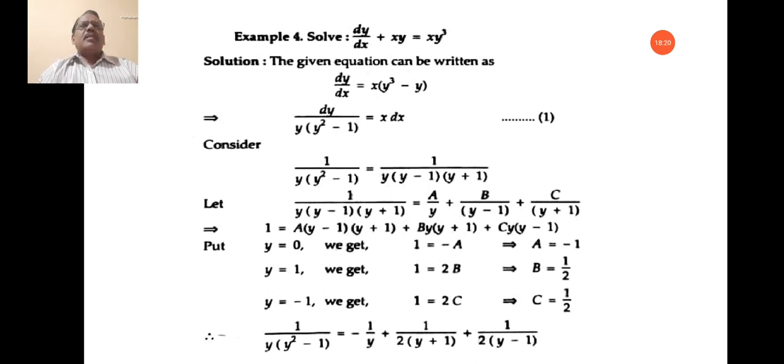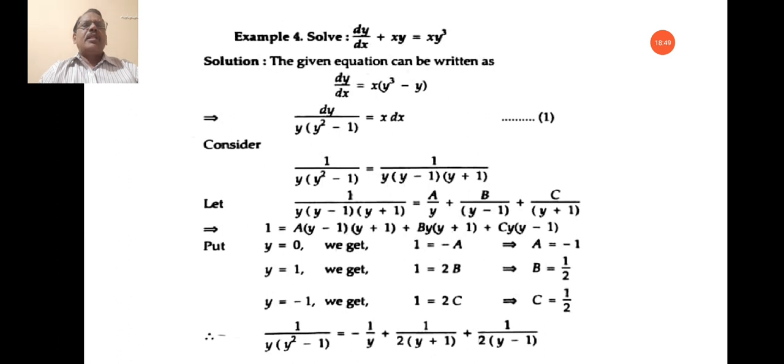So for this, here we have to apply partial fractions for factorizing the term 1 by y (y square minus 1). So 1 by y (y square minus 1) can be written as 1 by y (y minus 1)(y plus 1). For factorizing, we have to apply partial fractions.